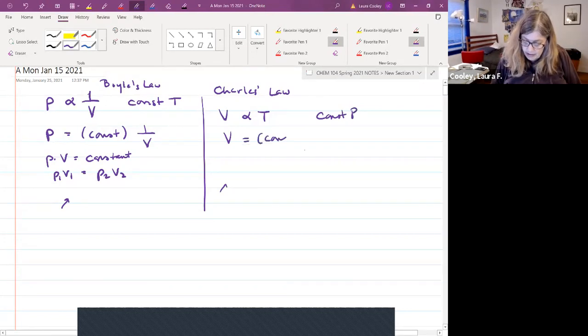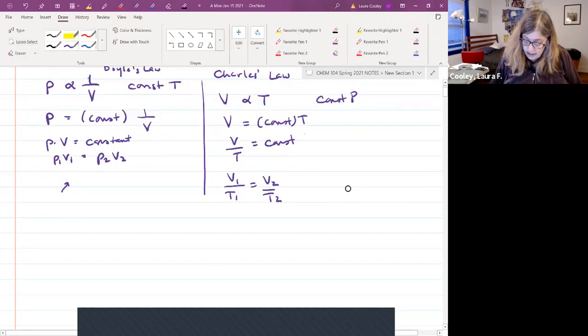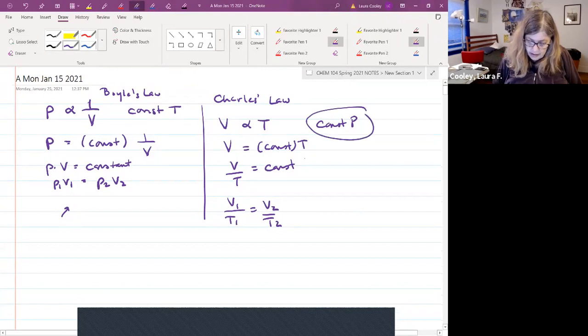Volume is a constant times the temperature. So the ratio of the volume to the temperature is constant, which means V1 over T1 is V2 over T2. Like I said, this is at constant pressure, and Boyle's law is at constant temperature.